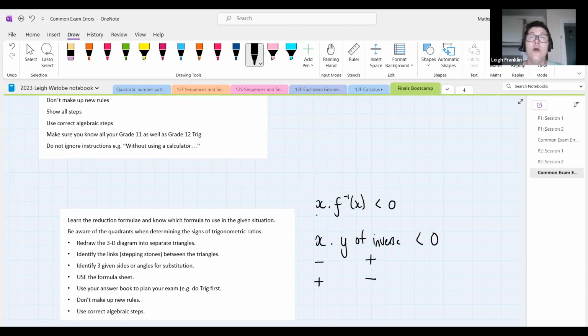So if the signs are opposite, you're either going to be in quadrant 2, this would be in quadrant 2, or in quadrant 4. Those are the quadrants that you would be looking at to get your answer. Okay. Does that make sense?